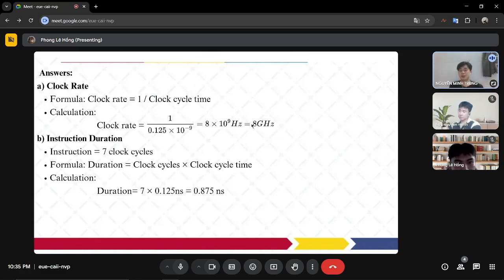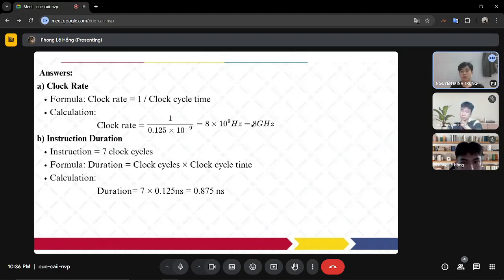A. Clock rate formula: clock rate equals 1 divided by clock cycle time. Calculating the clock rate gives the result. B. Instruction duration: the instruction has 7 clock cycles.